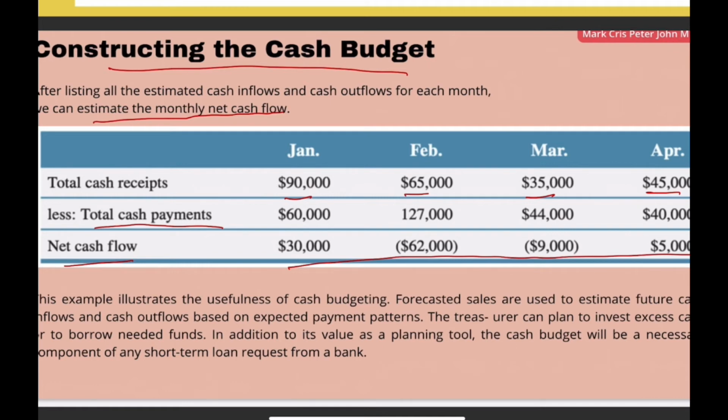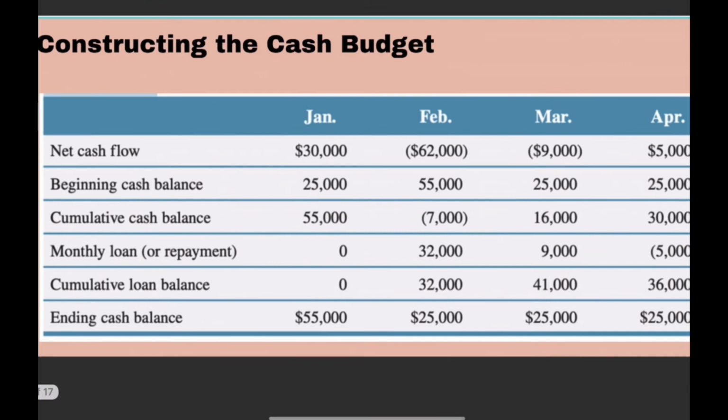We can use these three informations now in order for us to construct a cash budget. Now we are ready now to construct our cash budget. Now we start with the net cash flow, the one that we calculated earlier. Then we have our beginning cash balance.